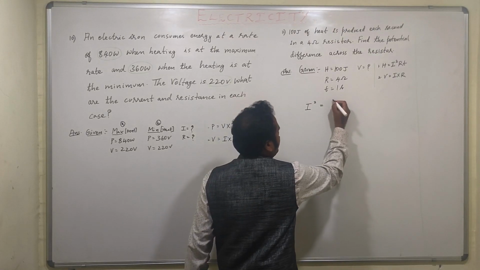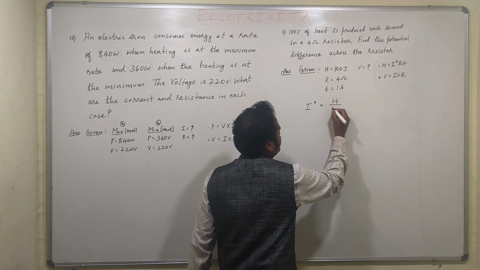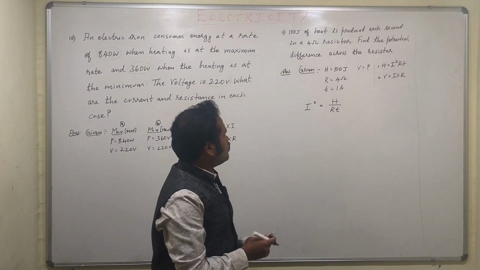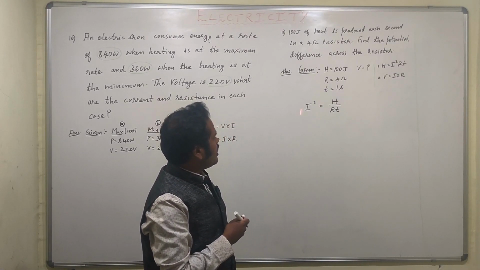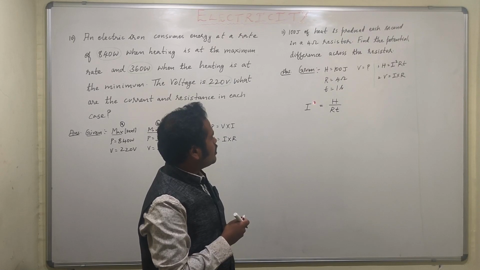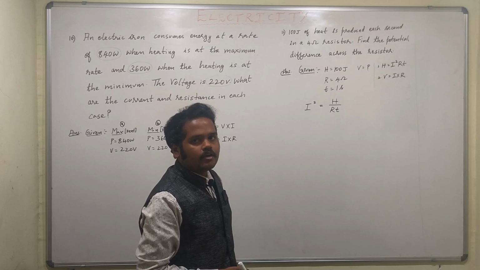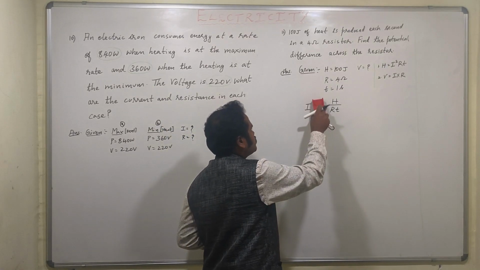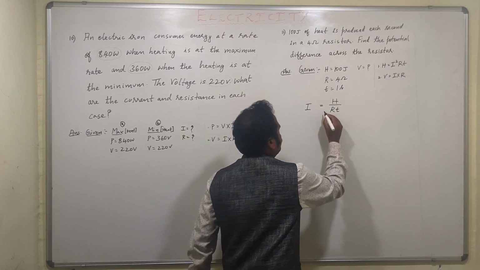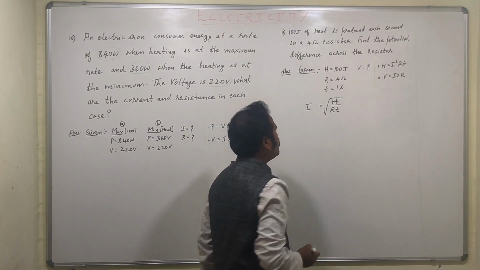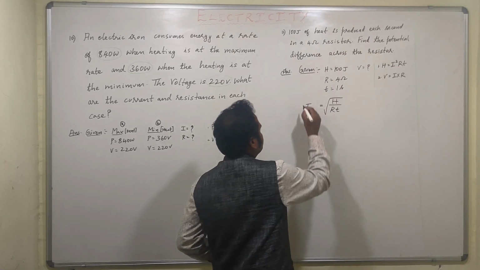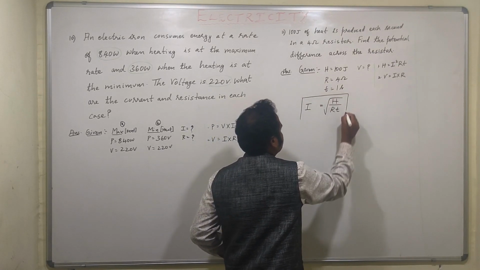Now we need only I, but we have I square. So we have to remove the square. If you remove the square, on the right hand side it becomes square root. So this is the formula for I, which is obtained from H is equal to I square RT. We will box this.